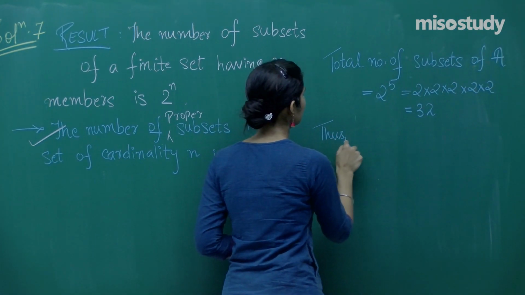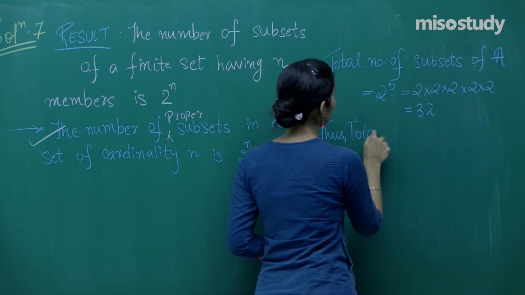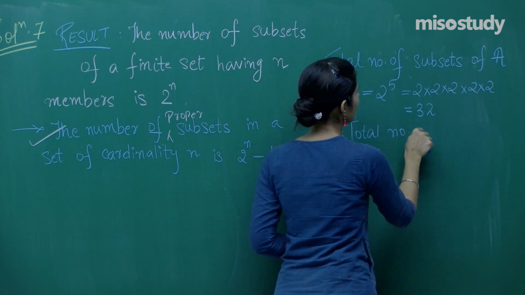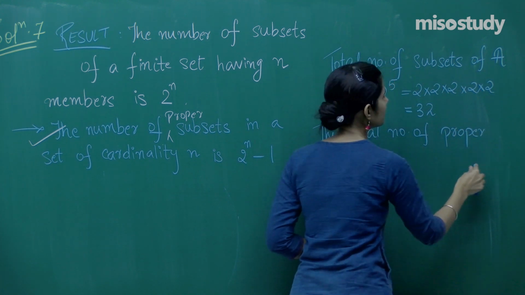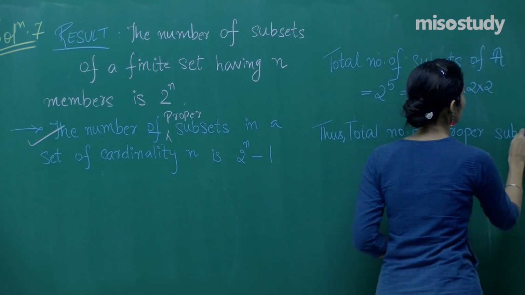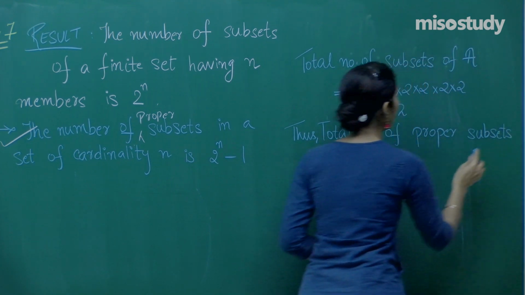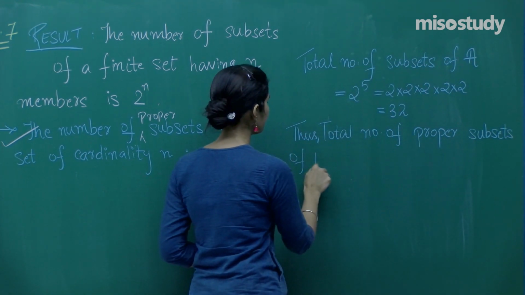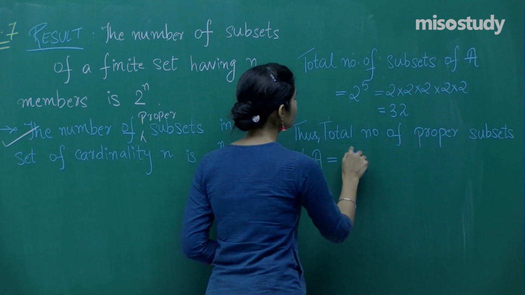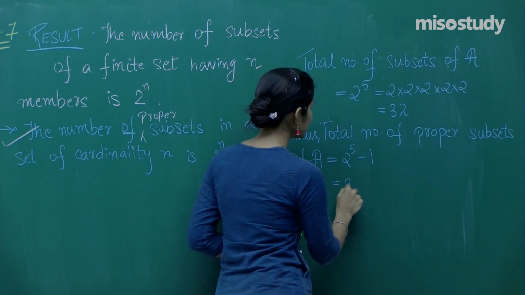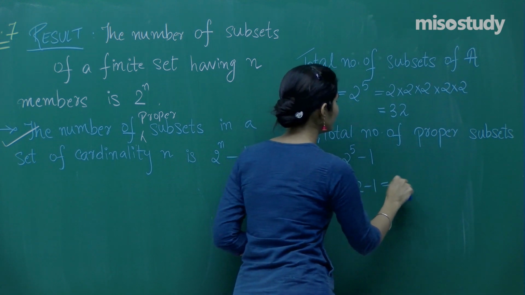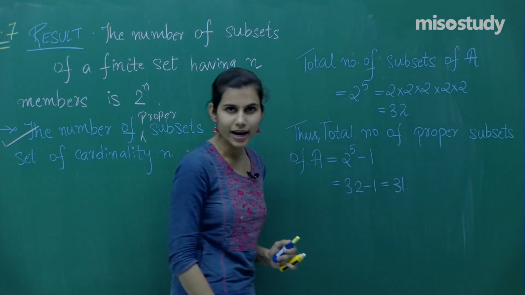Thus, total number of proper subsets of the set A is 2 to the power 5 minus 1, which means 32 minus 1, which is 31.